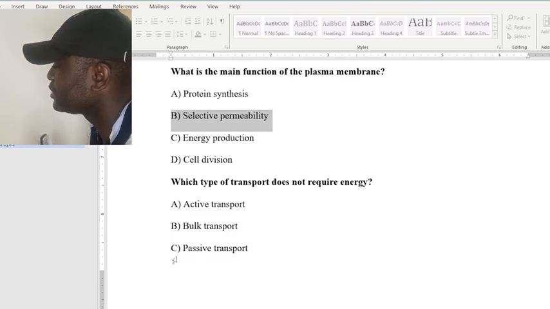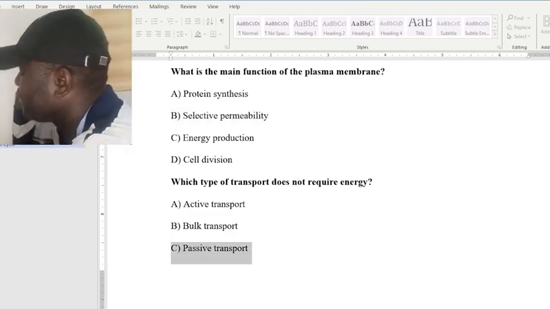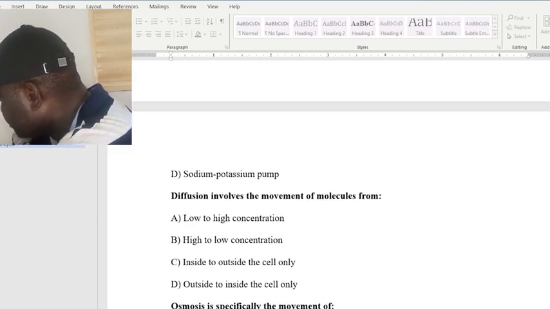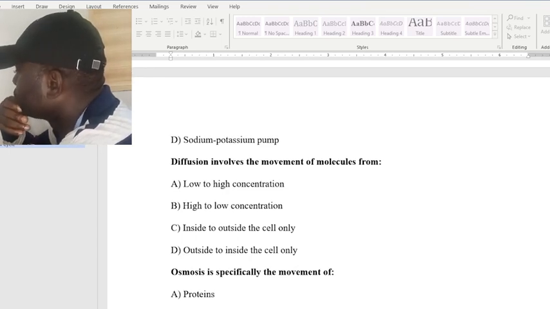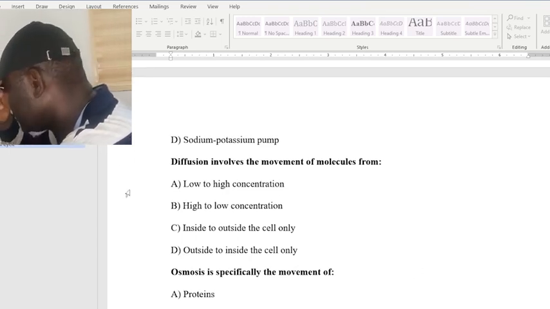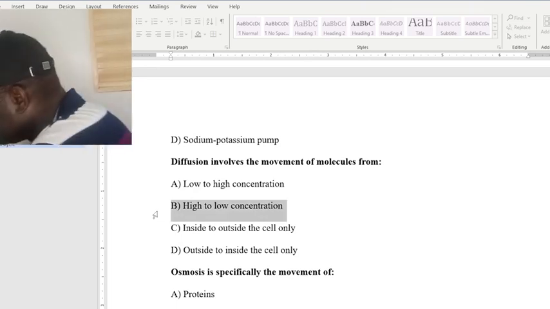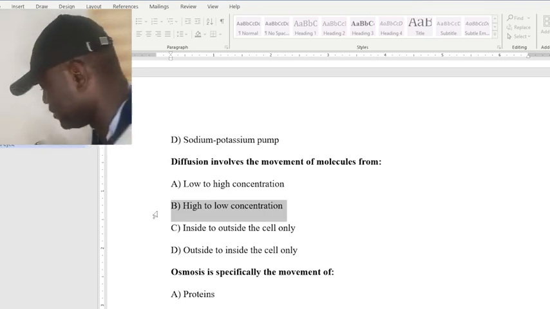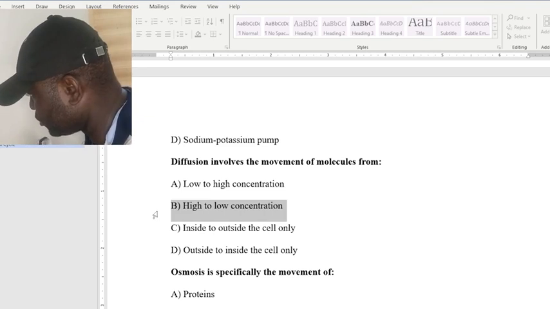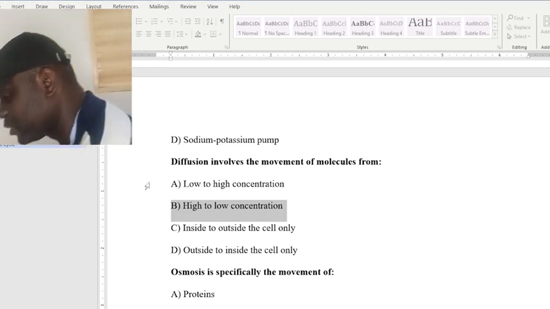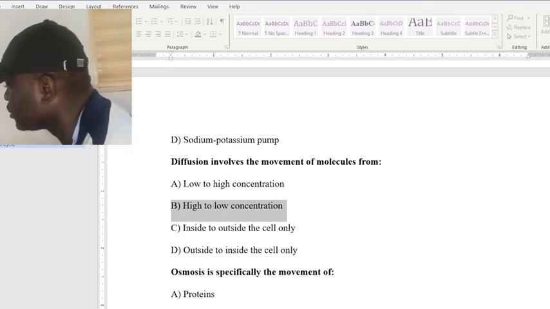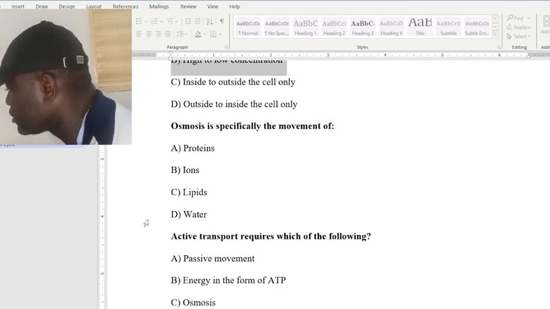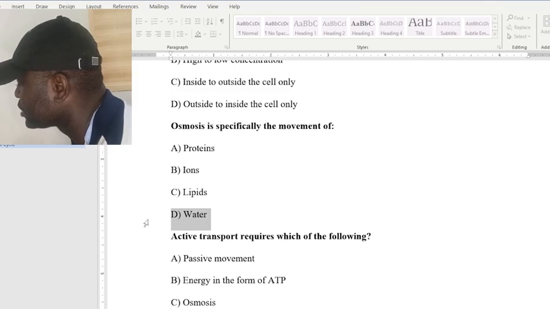What is the main function of the plasma membrane? Selective permeability. They allow some substances to move while they stop some from moving. What type of transport does not require energy? Passive transport.